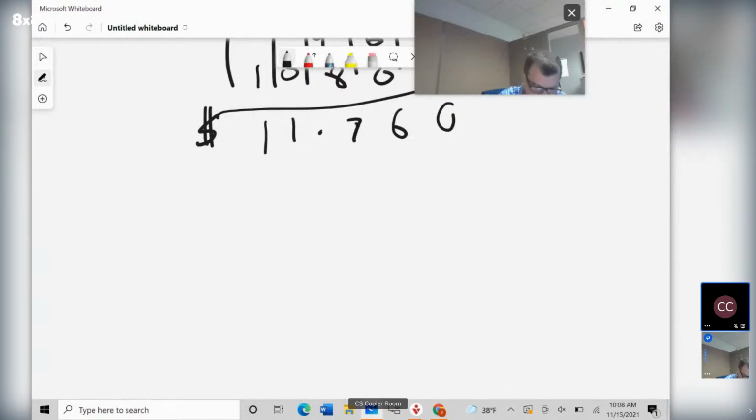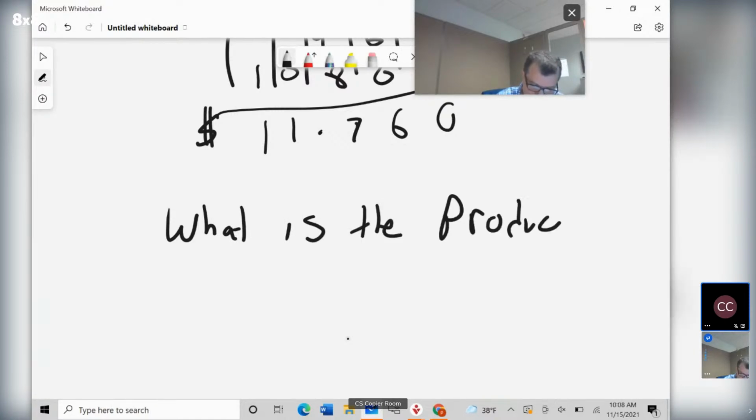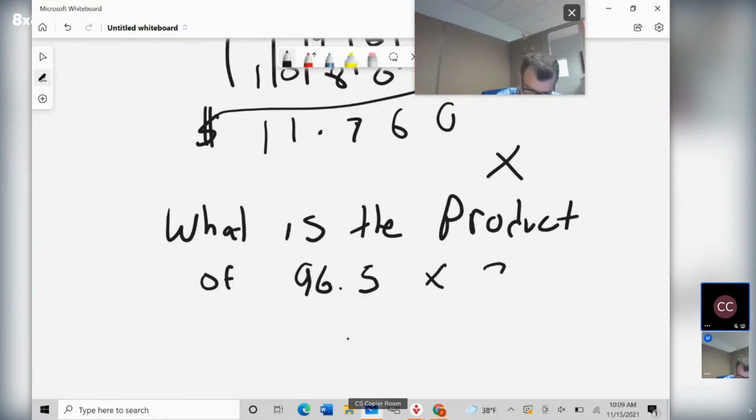If it just says, what is the product? Remember, product was one of those vocabulary words, and product means multiplication. The product of 96.5 times 2.5.